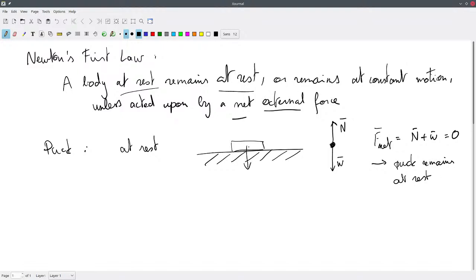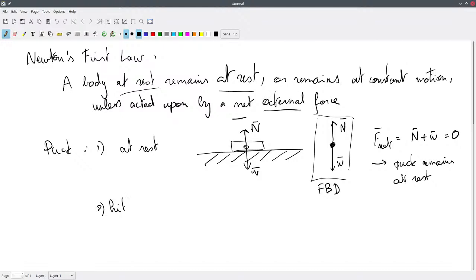We're often going to draw the weight just inside the picture of the situation as well, but think about the free body diagram as the diagram that doesn't have any of the other aspects drawn onto it. So the puck will remain at rest as long as the normal force and the weight are the only forces that apply here. So that's one situation. So clearly we're in the first part of Newton's first law here.